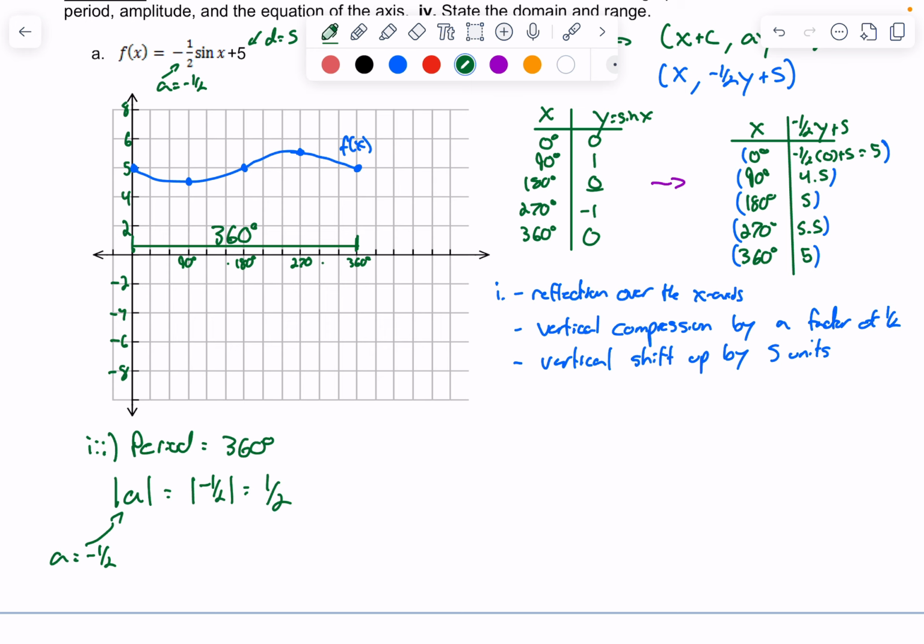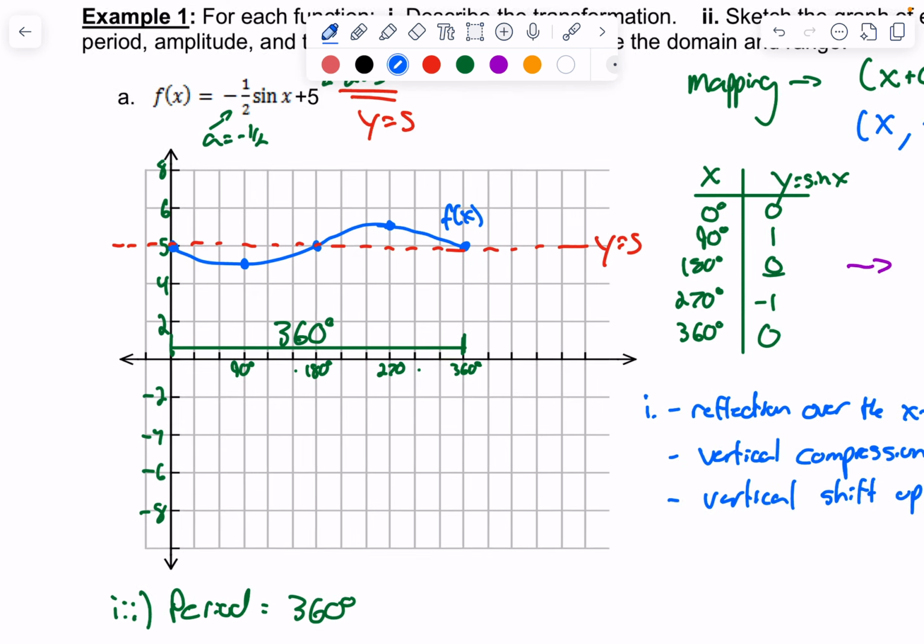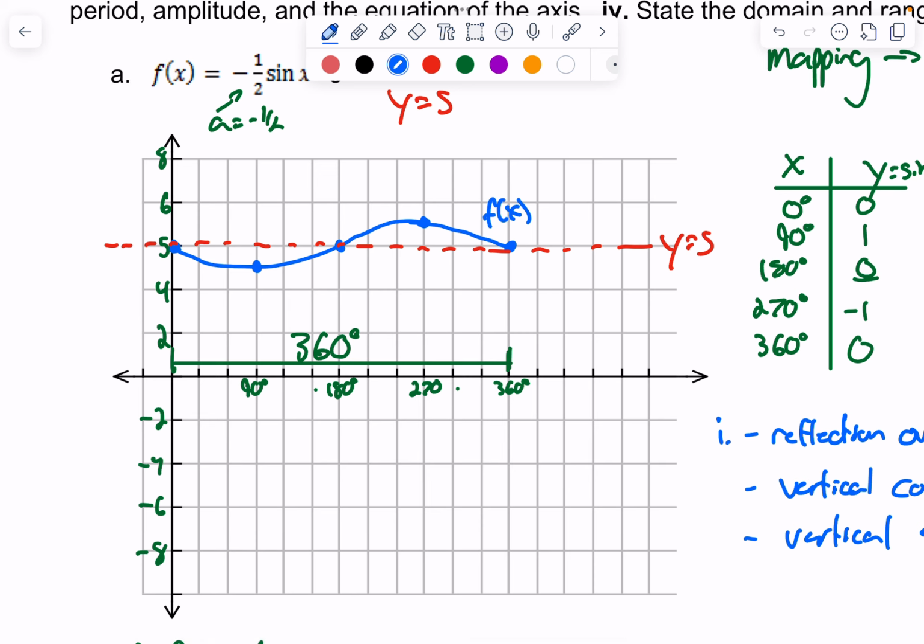But you can also see, I'm going to jump ahead and show you the equation of the line. Your D value here being 5, remember that gives you your axis. So you have y equals 5, right here. Notice how far off you are to your max. This point right here is at a y value of 5.5.